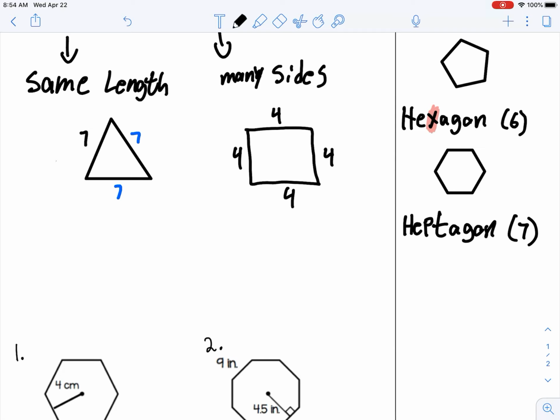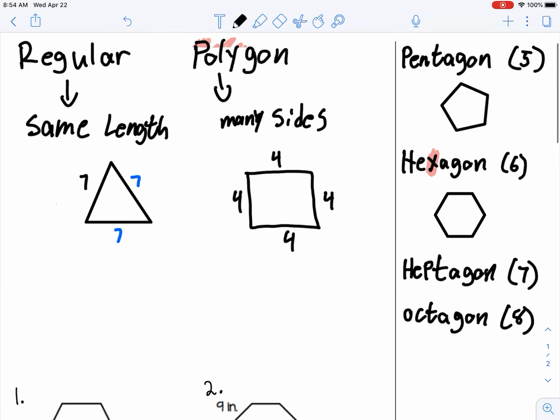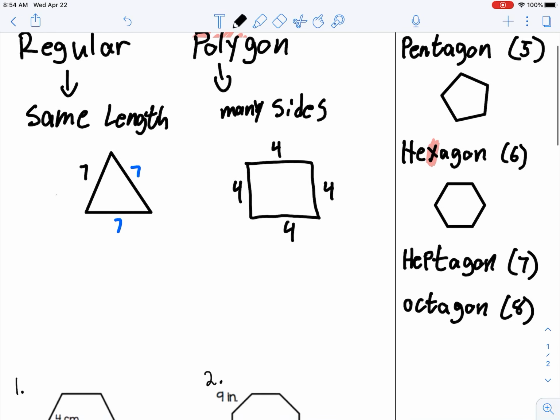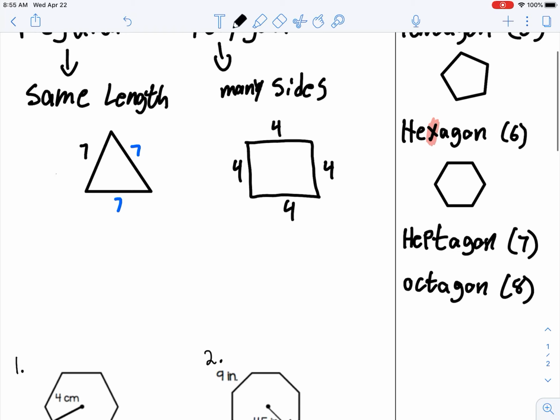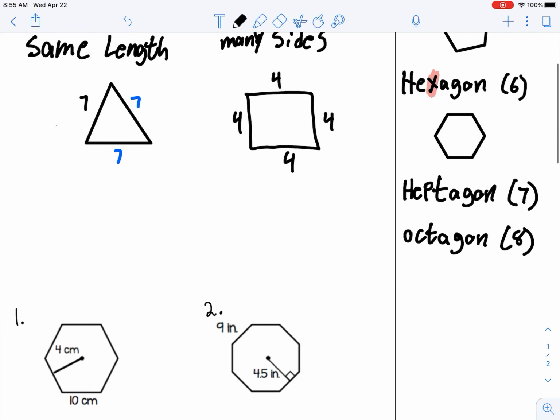And then an octagon, 8. Now, I'm not going to draw those, they get a little harder, but we will be able to identify them as we go on. You won't have to be drawing these shapes. Well, you might if you're taking notes, but in our practice, you should not have to be drawing the shapes. You can just work on the assignments right there.